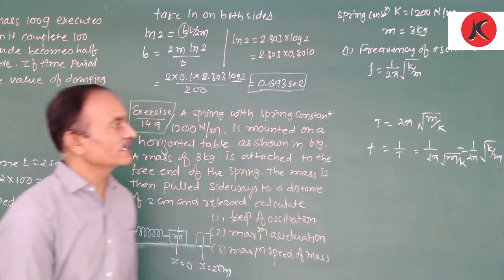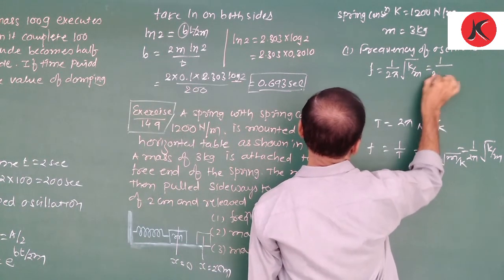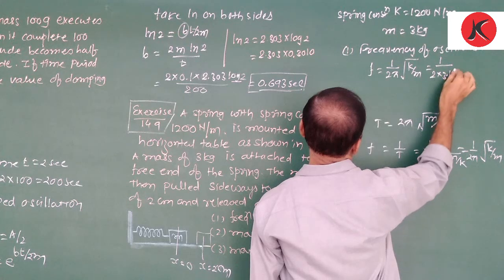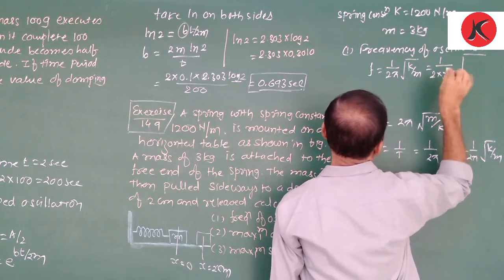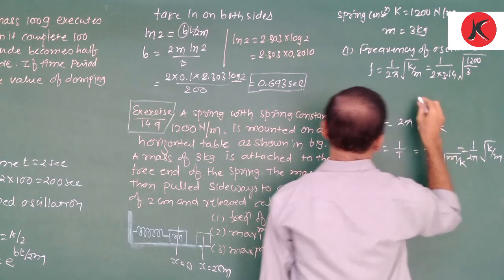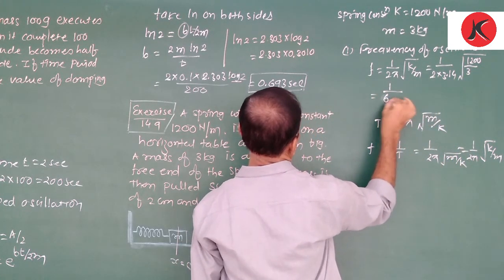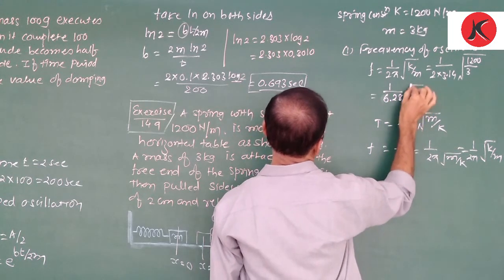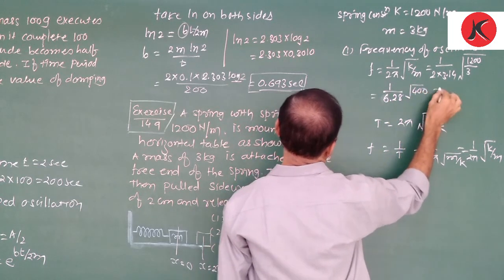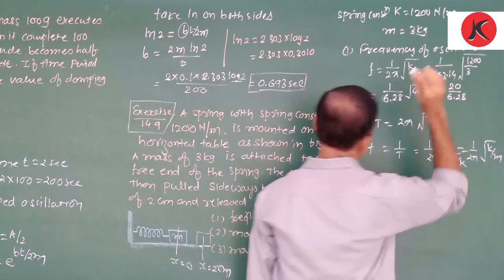Clear? So directly we have this equation of frequency, f is equal to 1 upon 2 pi under root of k upon m. All values are given. Now listen. 1 upon 2 pi is 3.14, under root of k, 1200 by 3. Therefore 1 upon 6.28 and square root of 400 is equal to 20 upon 6.28.